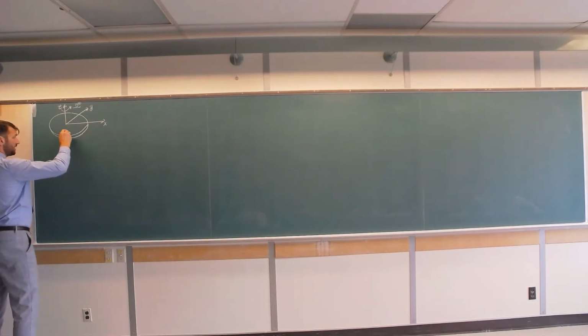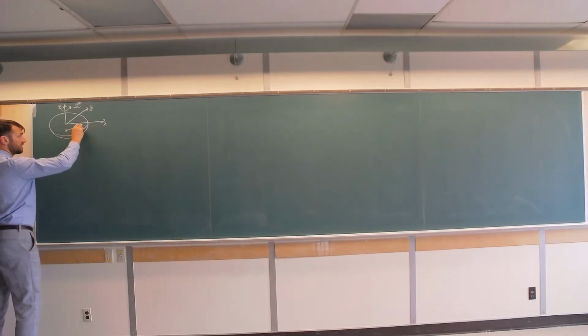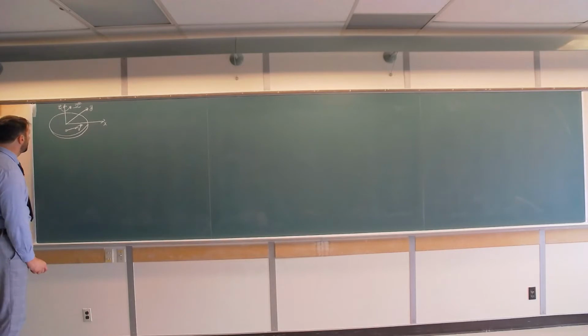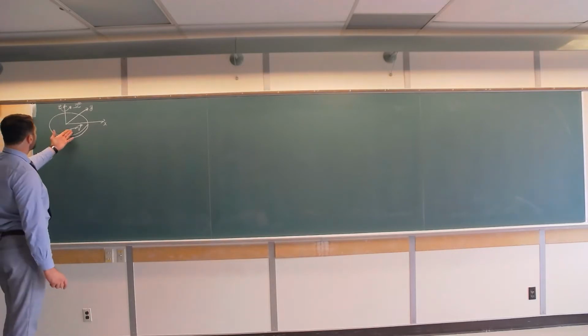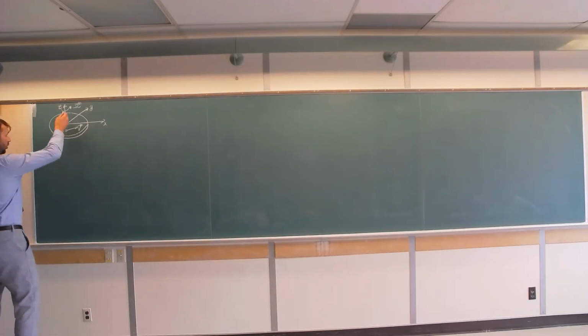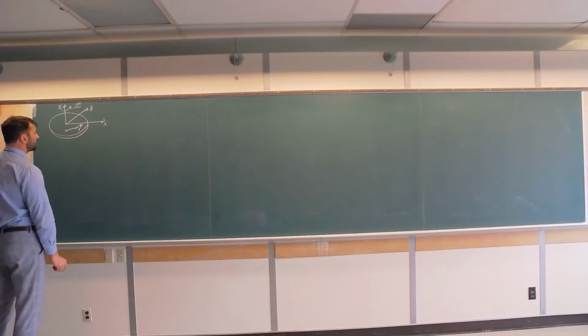And somewhere here, we have a particle that is moving with velocity v. So what is the trajectory of this particle, knowing that the disk is rotating?